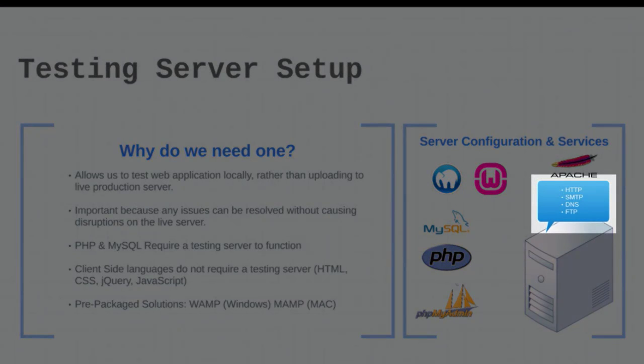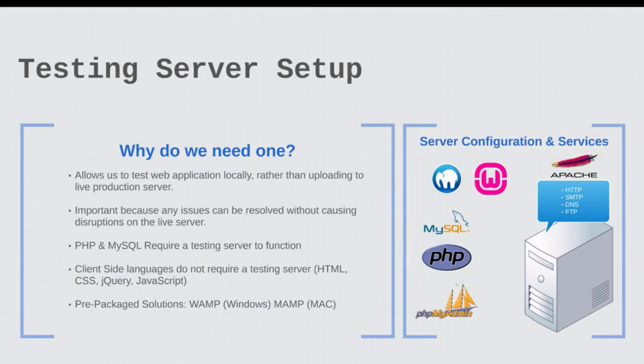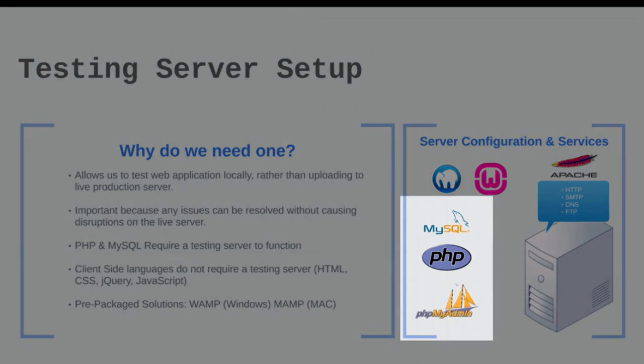Some of the essential services include HTTP on port 80, SMTP on port 25, DNS on port 53, and FTP on port 21. In addition to our Apache web server, we also need to install MySQL, PHPMyAdmin, and PHP.